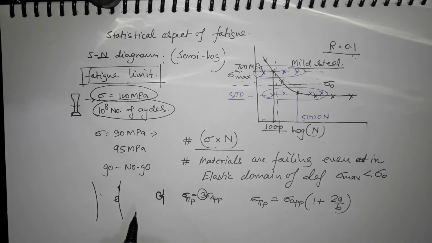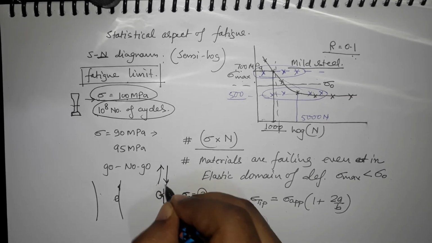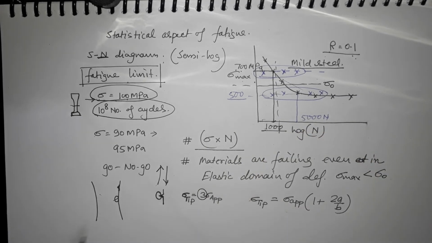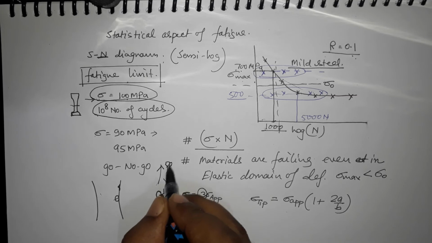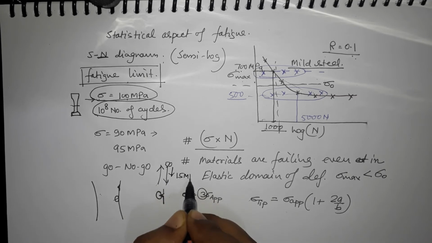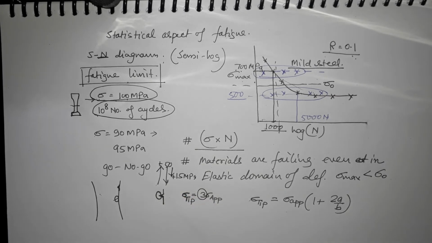Okay, and what are you doing? You are pulling this and then pushing it back if it is a complete reversal cycle. If it is not, then you are pulling it to 50 megapascal and then coming back to, let's say, 15 megapascal. So both are positive and you are applying it in a cyclic way.